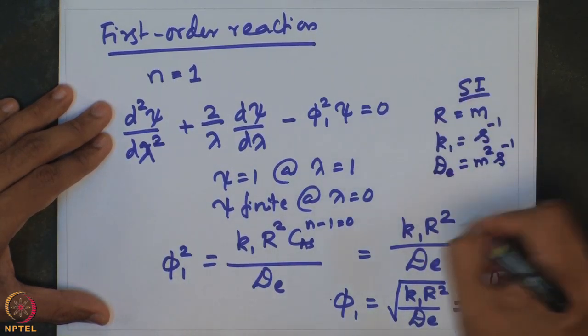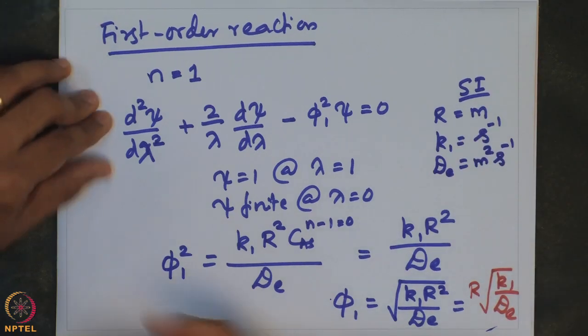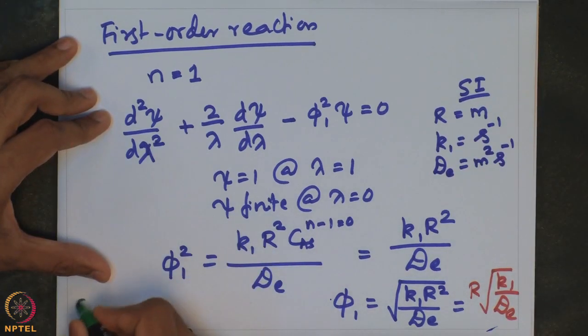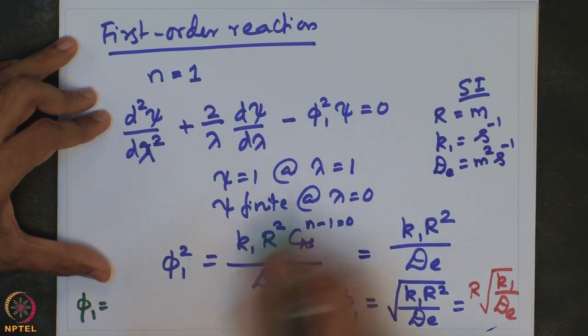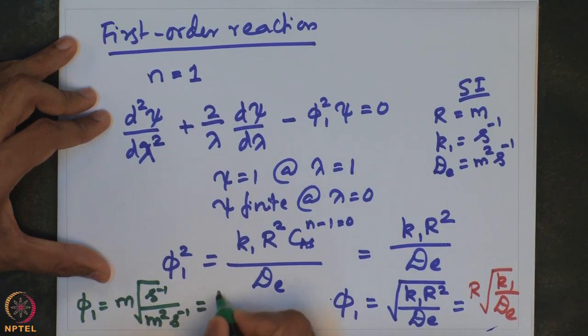If I now substitute this into the expression for Thiele modulus, I can see that the units of phi 1 are meter for the radius, times the square root of second minus 1 for the rate constant, divided by meter square second minus 1 for the diffusivity. So, essentially you will see that the Thiele modulus has no dimension, it is a dimensionless quantity.